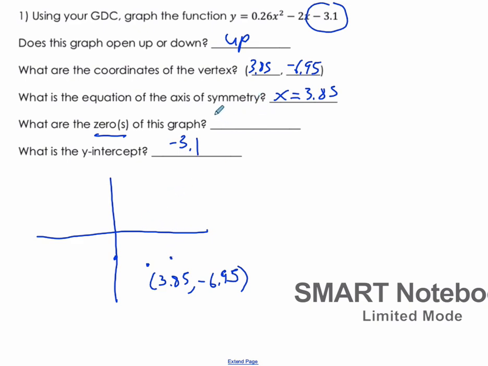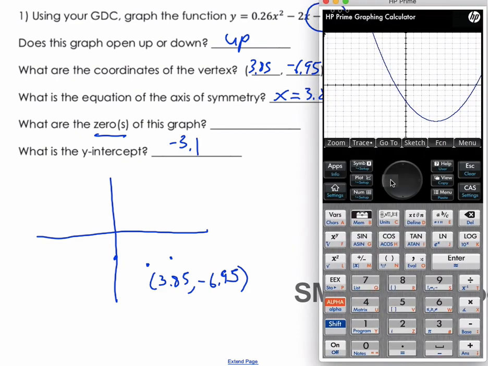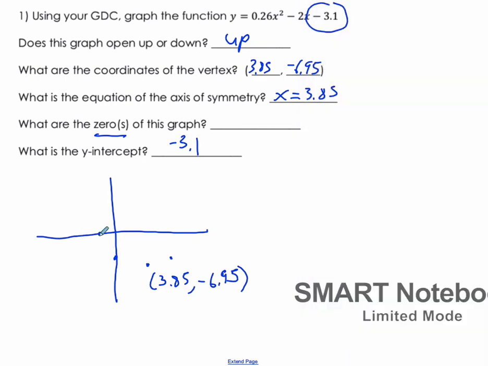Okay, let's get the zeros of the graph, or the x-intercepts. So on the HP Prime, I can just click over at the x-intercept, and to get the exact value, you go to function, root. Okay, so it's negative 1.32, comma 0.